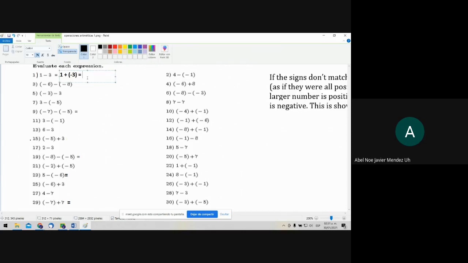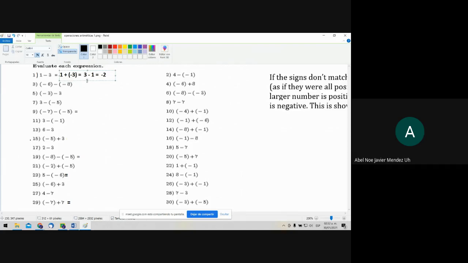Okay, then 3 minus 1 equals 2, and keep the sign of the bigger number. Remember that? Okay, that's the rule that we learned today.